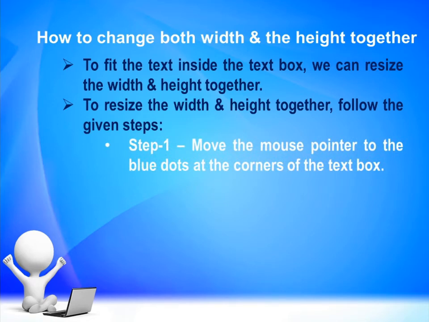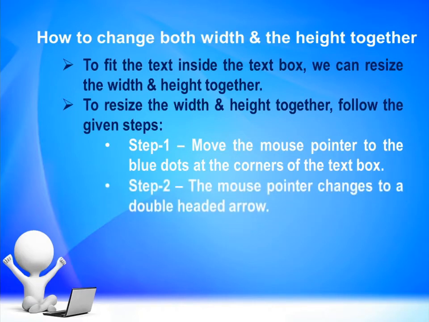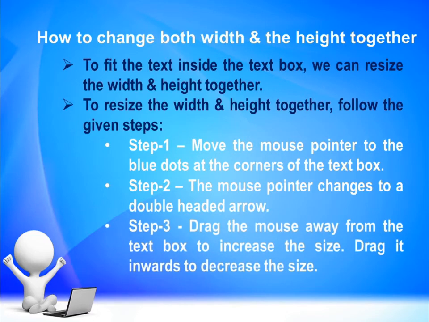Move the mouse pointer to the blue dots at the corner of the text box. Step 2. The mouse pointer changes to a double-headed arrow. Step 3. Drag the mouse away from the text box to increase the size, or drag it inwards to decrease the size.